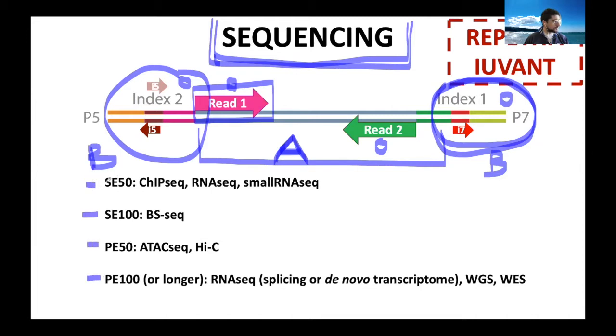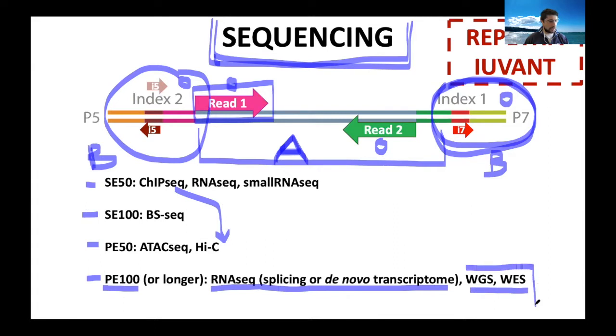What you usually sequence with single end 50 is RNA-seq, bisulfite-seq; for single end 100, paired end ATAC-seq, Hi-C, and sometimes ChIP-seq. I have to make this modification. Also, you can sequence paired end 100 or paired end 150, and this is for RNA-seq if you're doing a specific application, or usually when you sequence DNA.